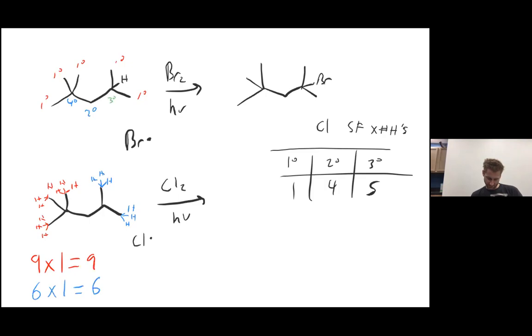As we look at the secondary center, I've got 2 hydrogens on this secondary center. Its selectivity factor is 4, so it would be 2 times 4, which is equal to 8. And then our last center here, tertiary, there's only one of it, so 1 times its selectivity factor of 5.